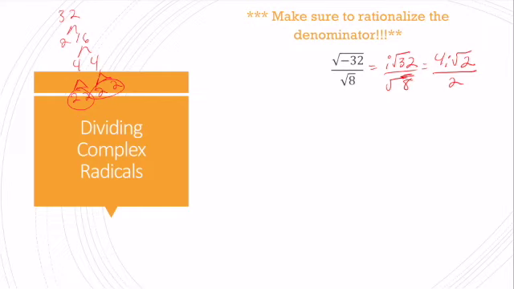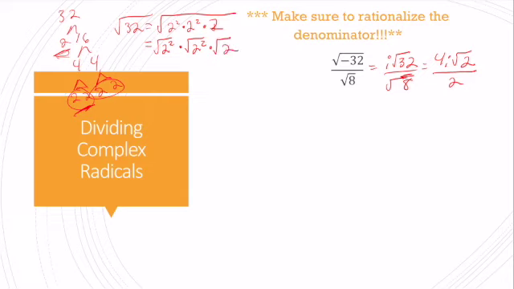Let's remember why I can do that. If I have the square root of 32, I can rewrite this as the square root of 2 squared times the square root of 2 squared times the square root of 2, and I can pull these radicals apart. Remember that square roots cancel squares.